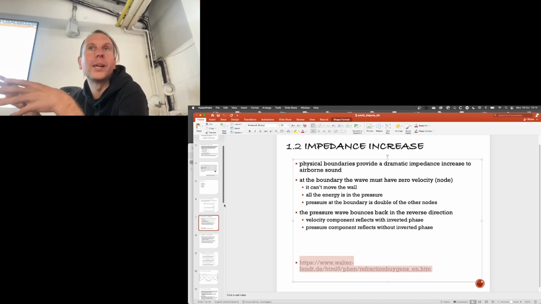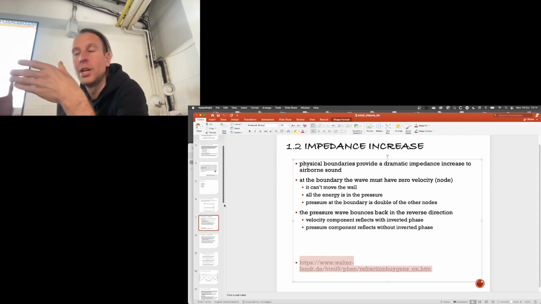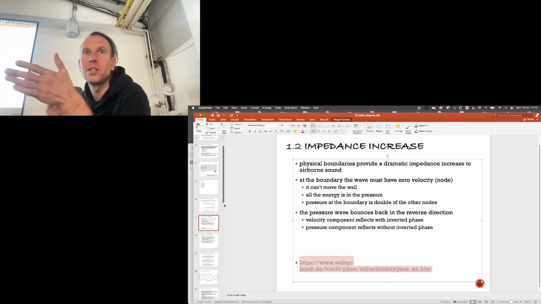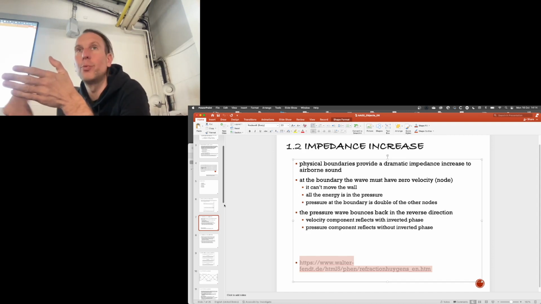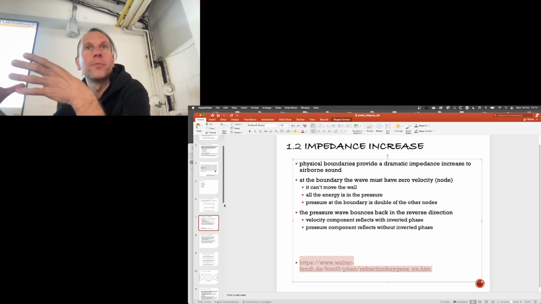So I cannot modulate that wavefront anymore, but I am moving, right? So if I start to move really fast, then I'm catching up with my wavefront in one of the directions, okay?